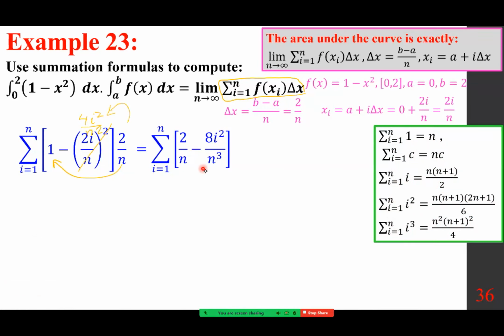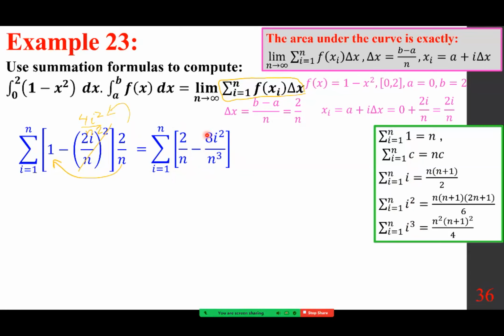So we are going to separate this such that it has 1, c is a constant like 5, 2, whatever, i squared or i cubed. So look at this one. I can write it, bring the 2 over n out. So I'm going to make up 2 summations. This one is 2 over n summation of 1.